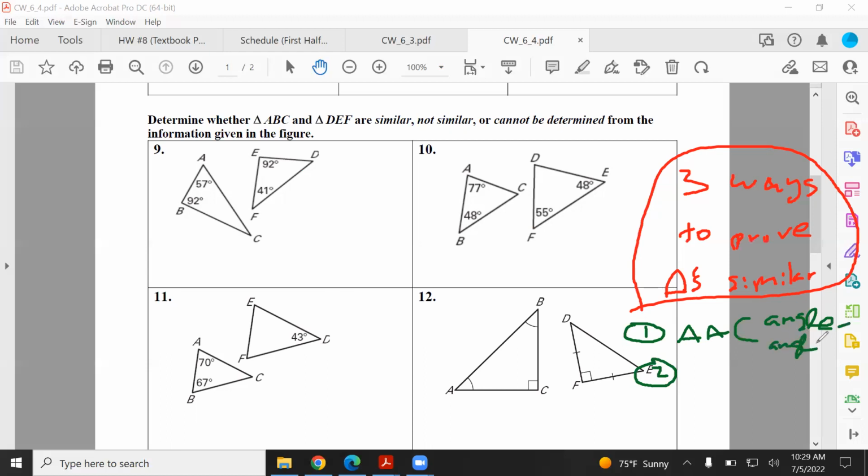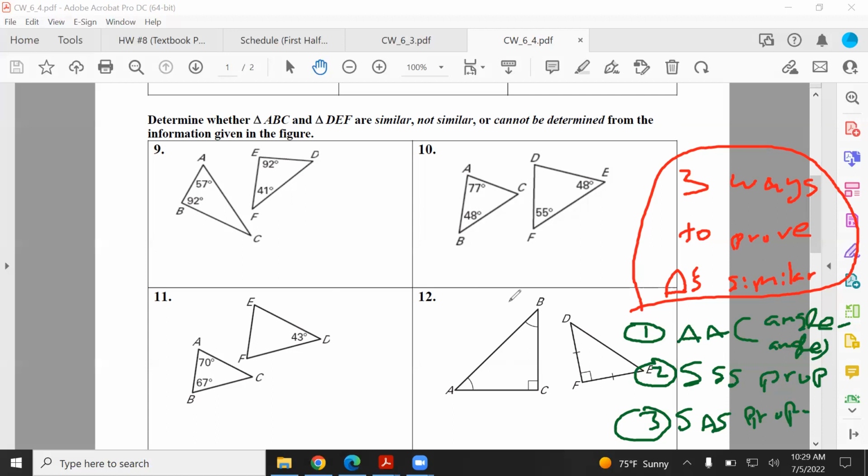So AA stands for angle, angle. There's also side, side, side. And then PROP stands for proportionality. And there's SAS. Hopefully you guys can see that. Yep. That stands for proportionality.